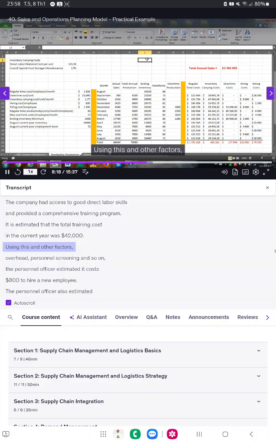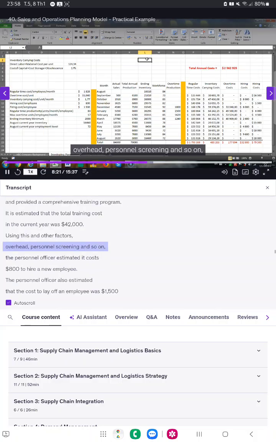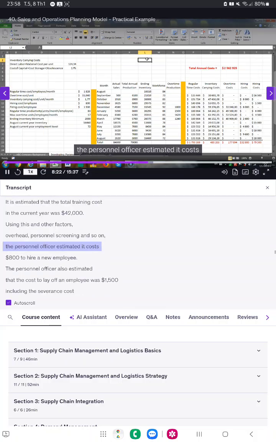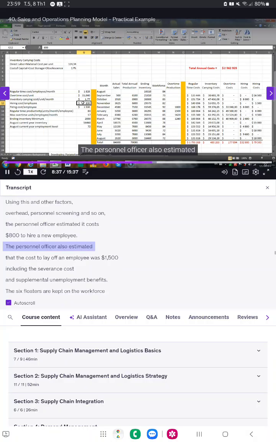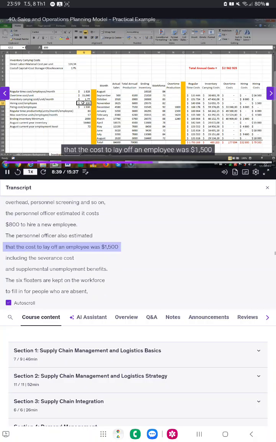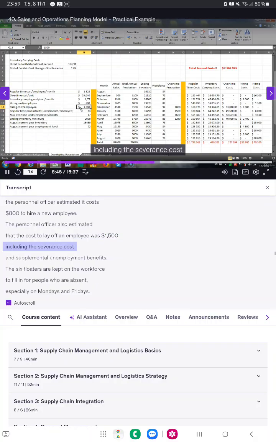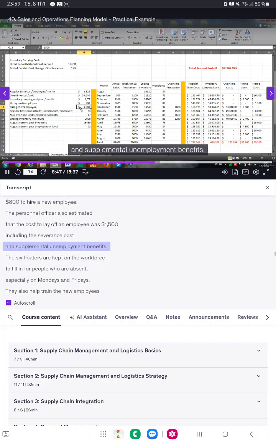Using these and other factors, overhead, personnel screening, and so on, the personnel officer estimated it cost $800 to hire a new employee. The personnel officer also estimated that the cost to lay off an employee was $1,500, including the severance costs and supplemental unemployment benefits.